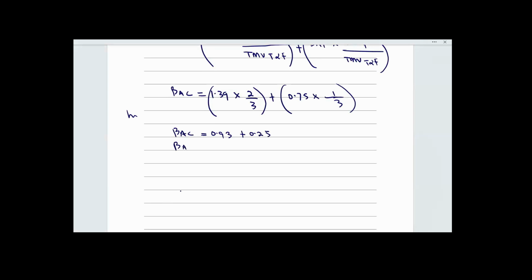Therefore, beta asset of the combined is equal to 0.25 plus 0.93 equal 1.18. So that represents the beta asset of the combined.